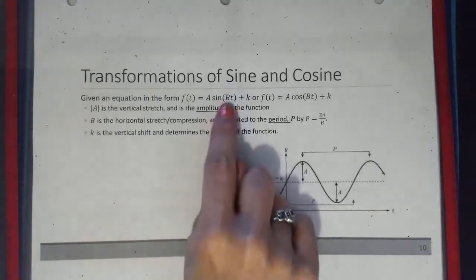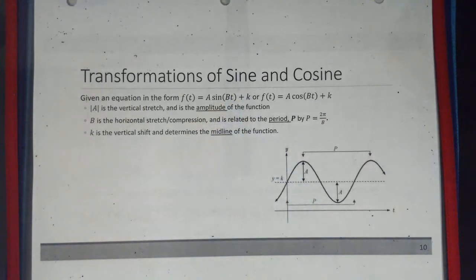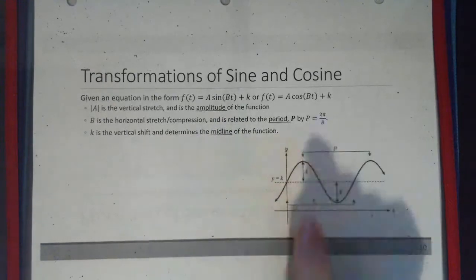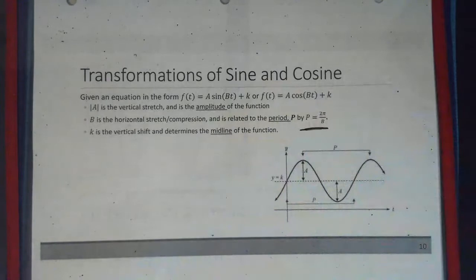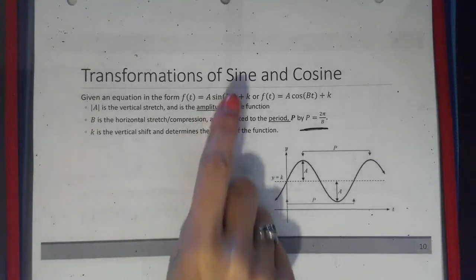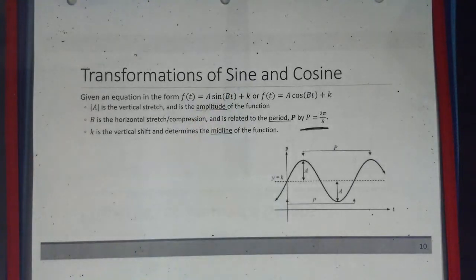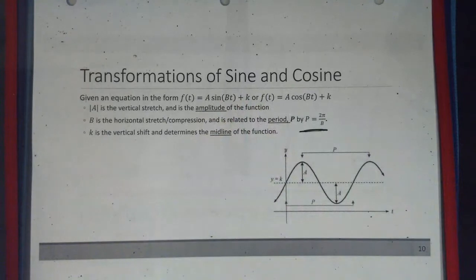The b value, what's in front of t, is our horizontal stretch or compression, and it's related to the period by this equation here. You are going to want to know this one. Our period p is equal to 2 pi over b. So if you have the equation, you take 2 pi divided by what's in front of your variable, and that'll give you your period. And then k, as we saw before, is our vertical shift, and it gives us the midline.